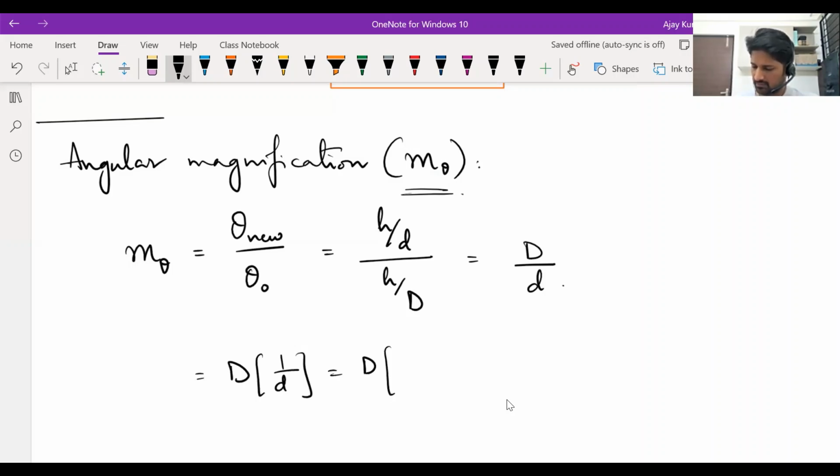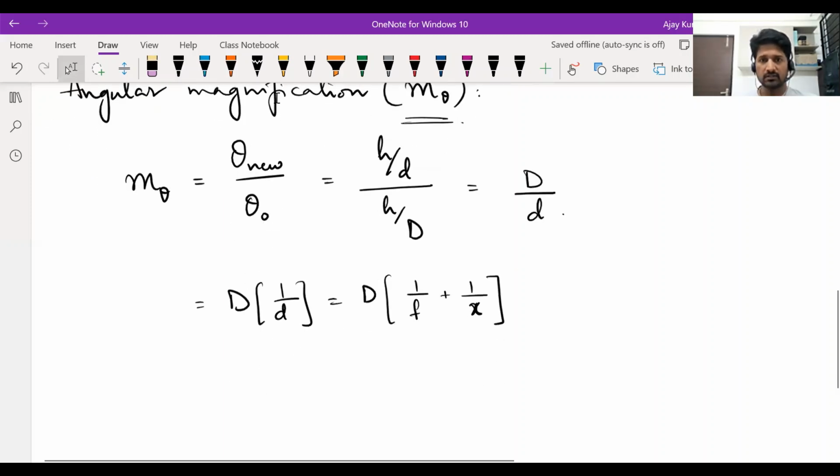And today itself we derived 1 by d is nothing but 1 by f plus 1 by x. Clear? Any doubt in this? Fine.